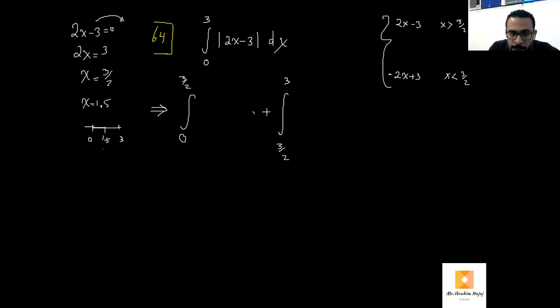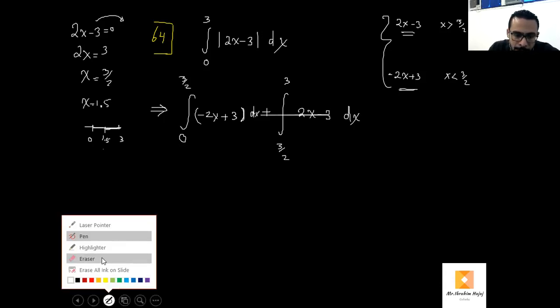This part is less than 1.5, so we take negative 2x plus 3 dx. And from 1.5 to 3, we take the positive part of this function, which is 2x minus 3 dx.